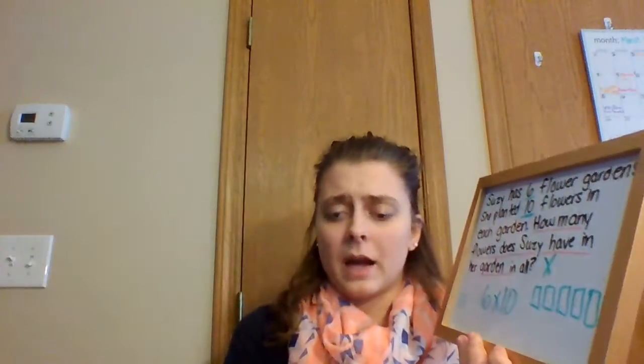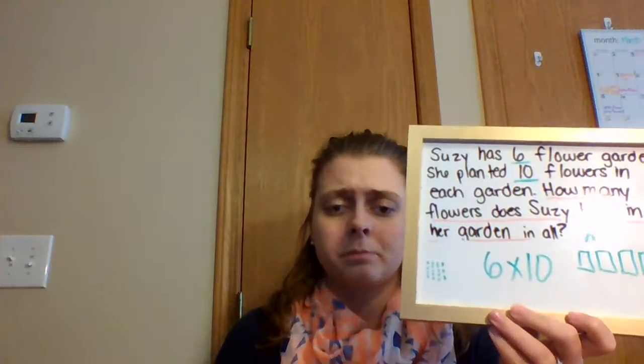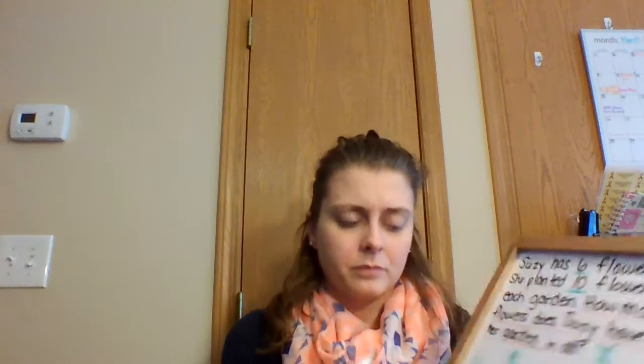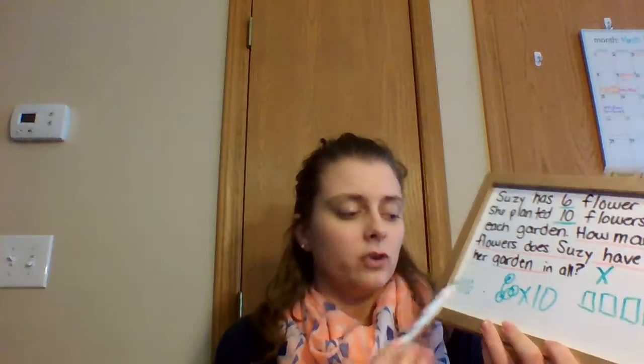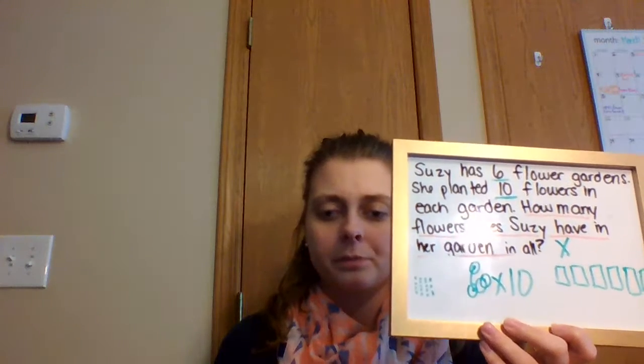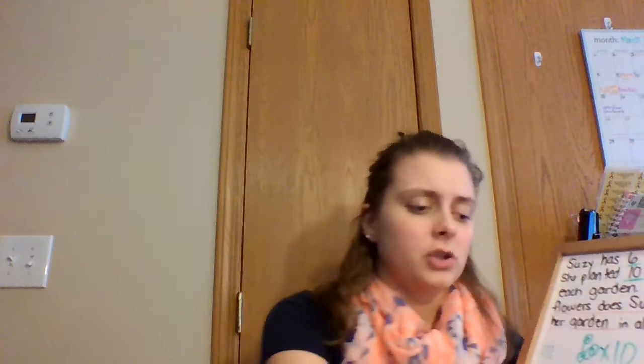You can do your skip counting. So we talked about we can skip count by 6s or 10s. You can use your touch points. And if you draw your touch points on the 6, then we're going to count by 10 6 times. So that's the strategy that I'm going to use. I'm going to use the touch point strategy.